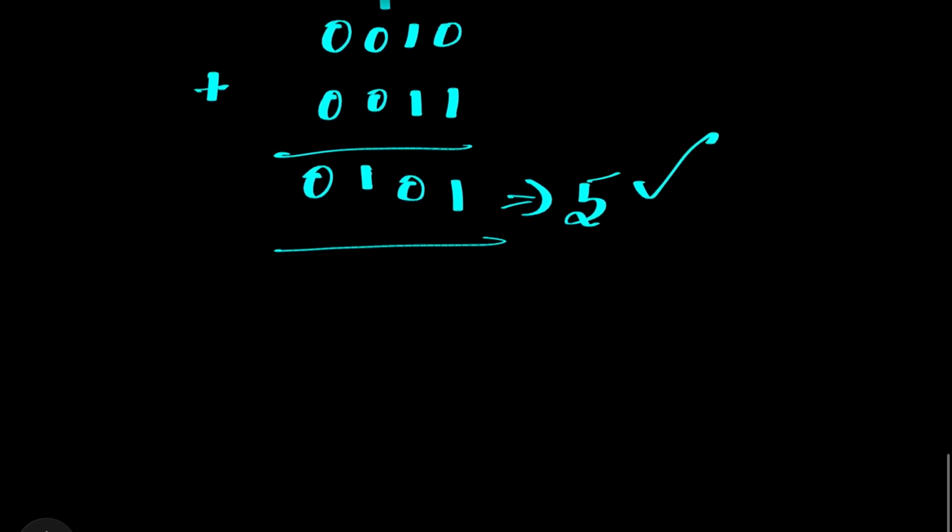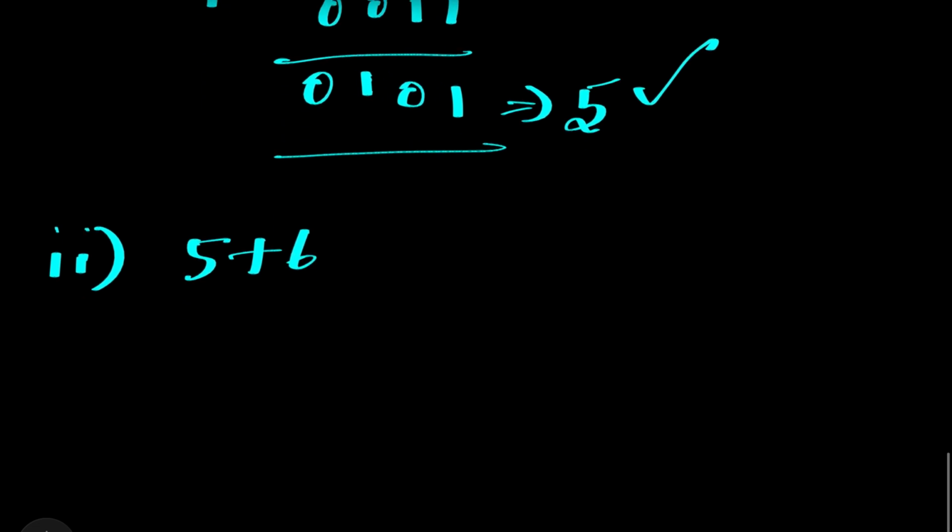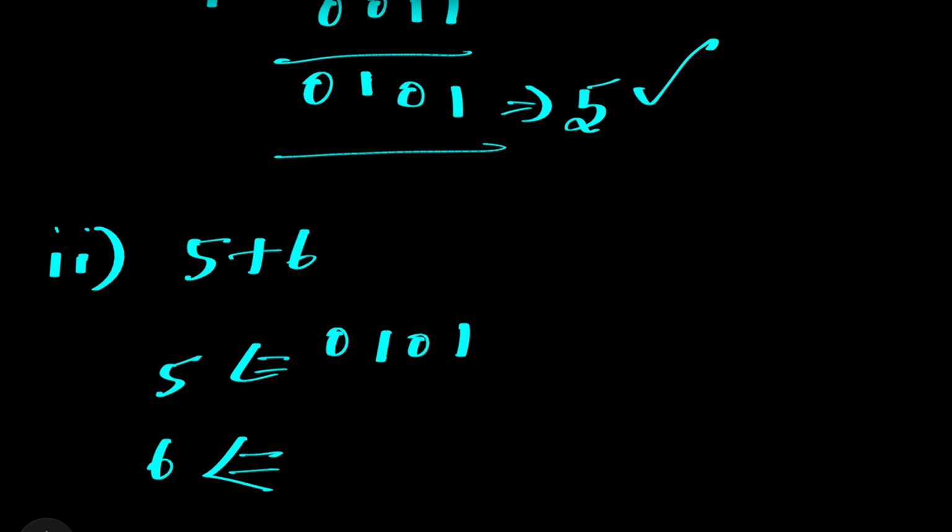But if in case we do have another example like 5 plus 6, so now we do have a 4-bit representation for the 5, which is 0101. So this is actually the decimal 5. We are making it as a BCD, that is a 4-bit representation. Now we are making a 6 to be a 4-bit representation.